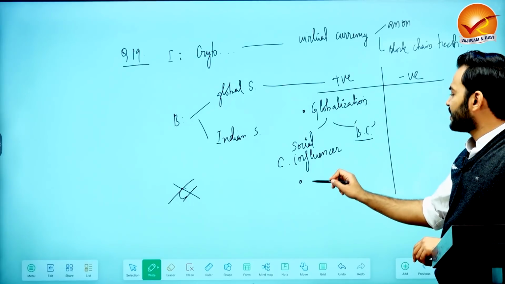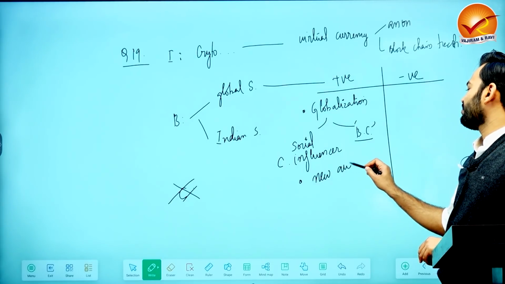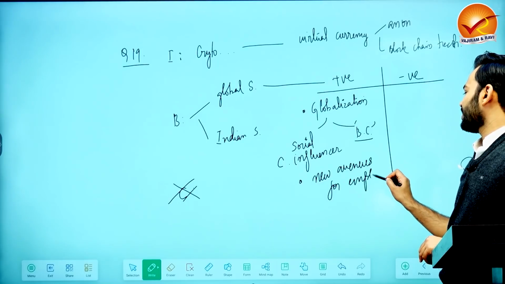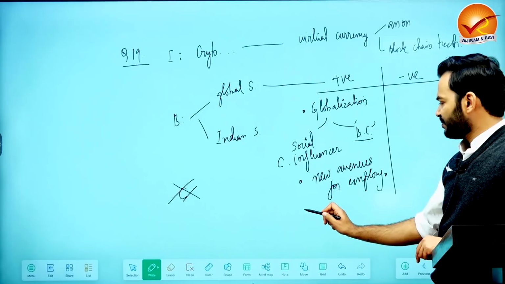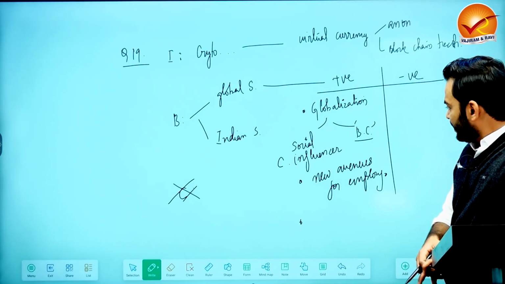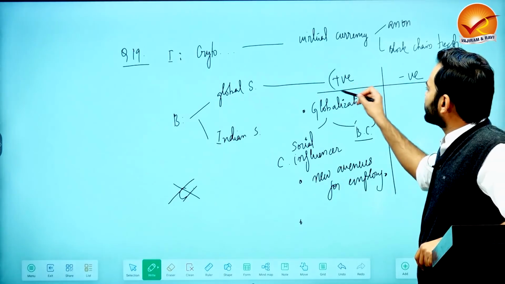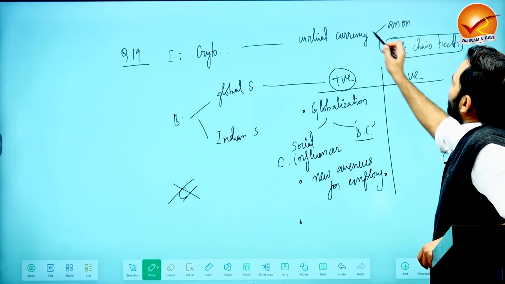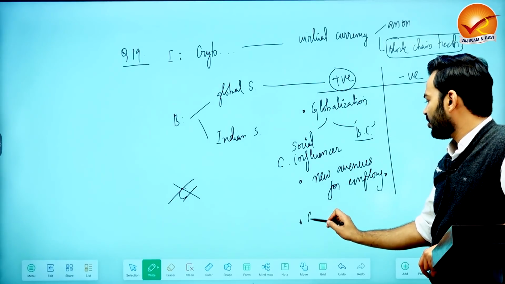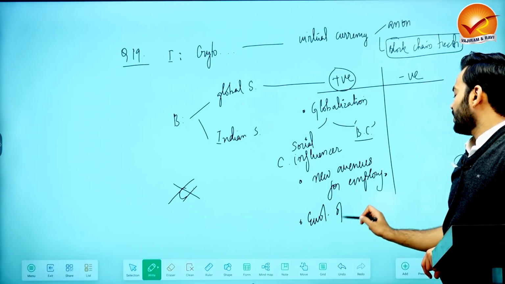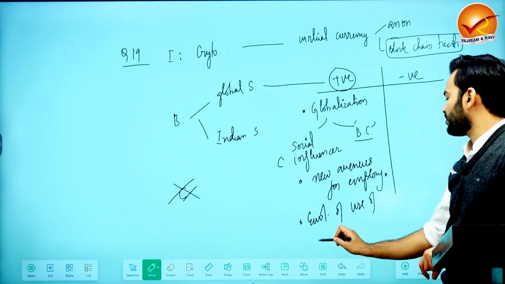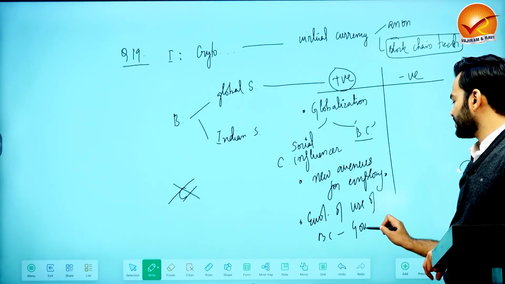Second, it creates new avenues for employment. So many people are working on blockchain technologies. Then cryptocurrencies have led to the evolving use of blockchain technology in other areas of governance.